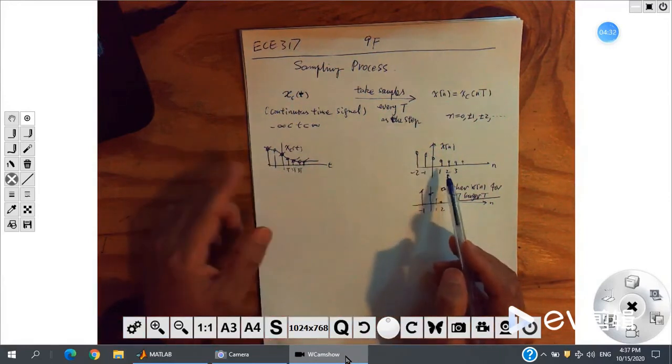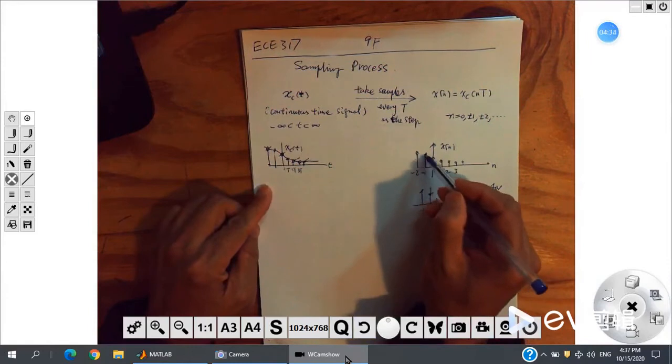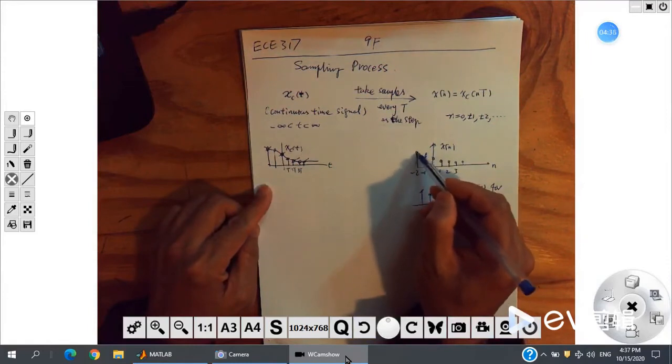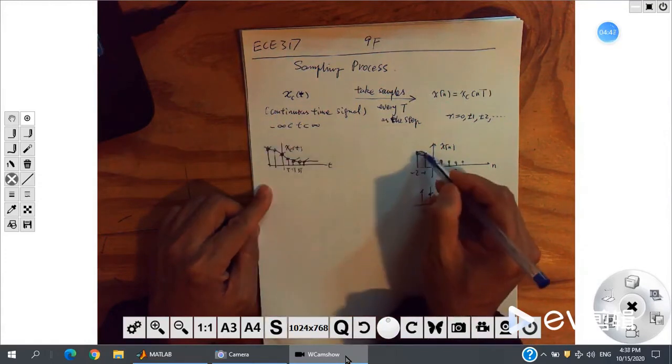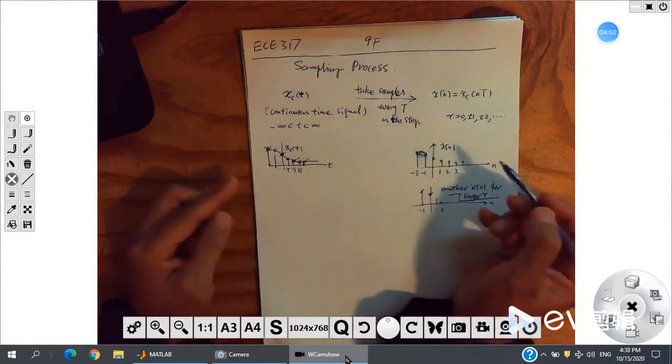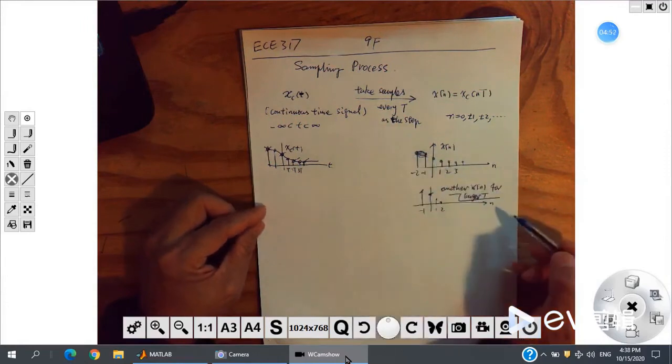Of course, you lost something, right? Between any two samples, when you only have samples, you do not know the values between them. So maybe the curve here will be like this way, maybe like this way. You do not know. You only know these two values, right?